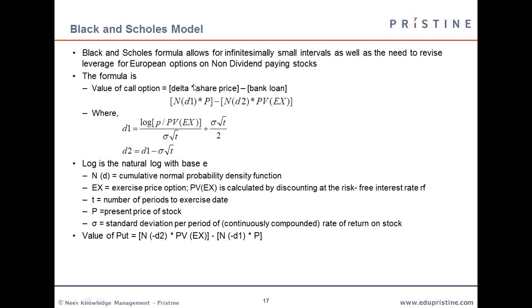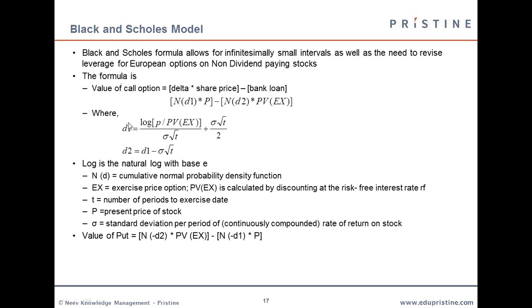So here we try to replicate that, and we'll try to bring in the probability density function to account for the infinitesimally small intervals. So the formula here is ND1 into stock price, where ND1 is the cumulative probability distribution function, and ND2 is again the cumulative probability distribution function, which will represent the probability of distress, and present value of exercise price is multiplied to it.